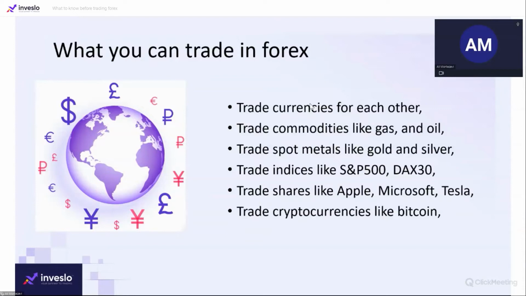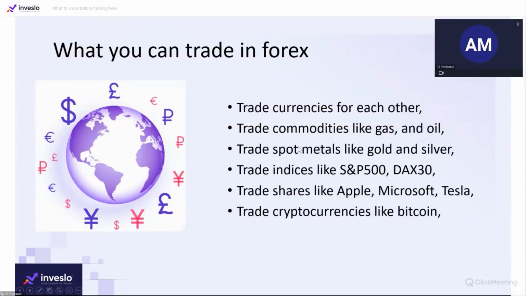Also, we can trade commodities, which are industrial metals and some agricultural products and some energy products like gas and oil, or agricultural products like wheat or corn or coffee. And to trade them, we can put them on the financial markets. The other one that we mention here is spot metals like gold and silver.